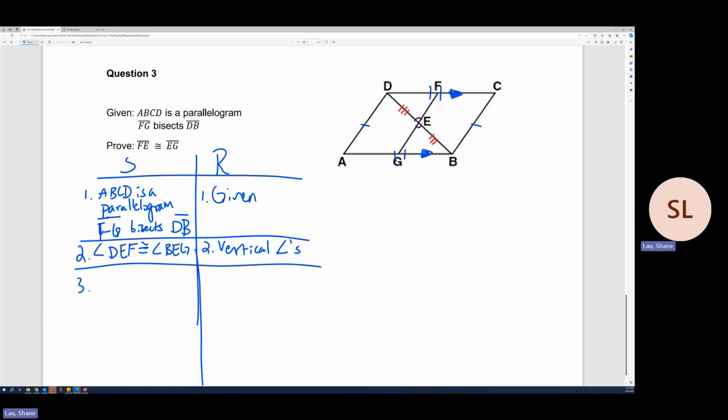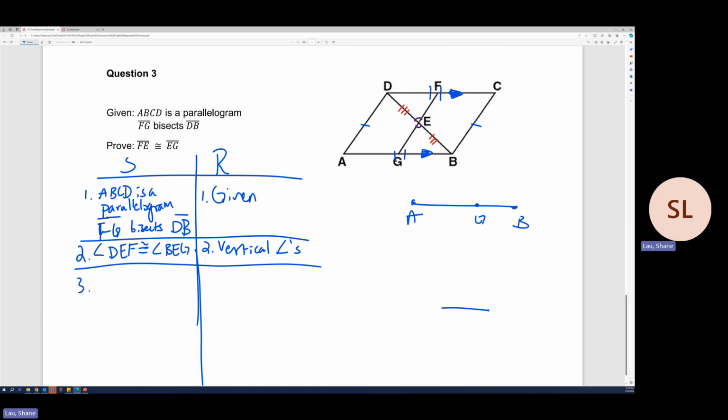If I know that AB is parallel and GB is part of that segment, then GB must be parallel to the corresponding part in DC. So essentially, if we have AB, and there's some random point G in it, if AB is parallel, then GB also has to be parallel.